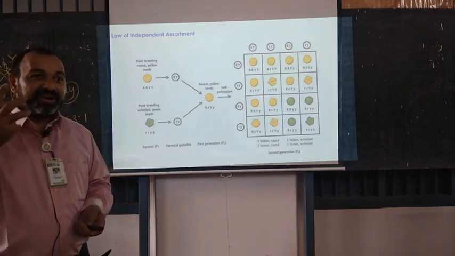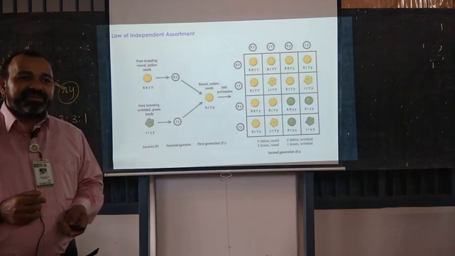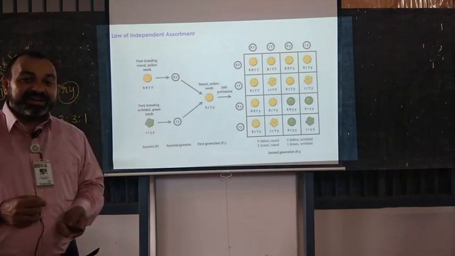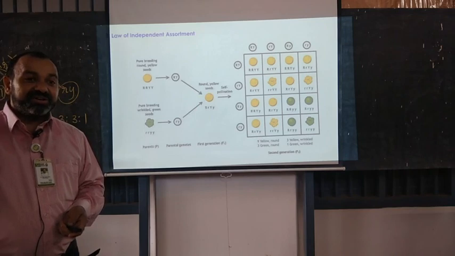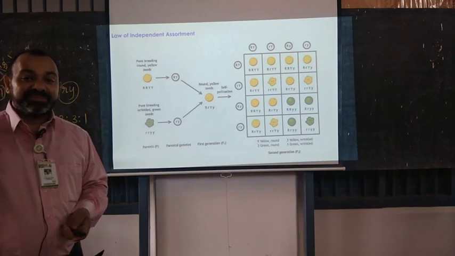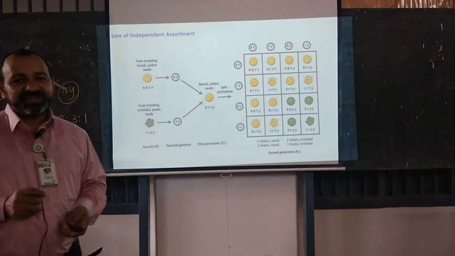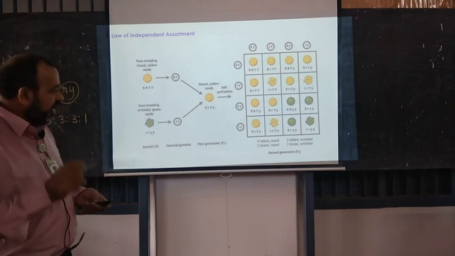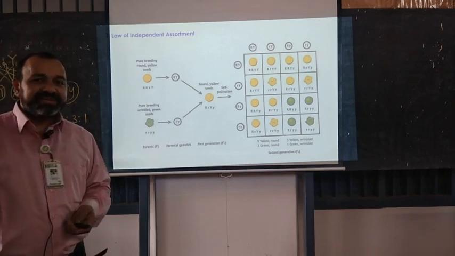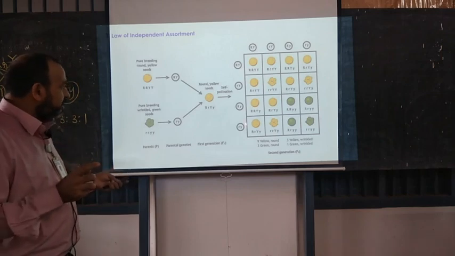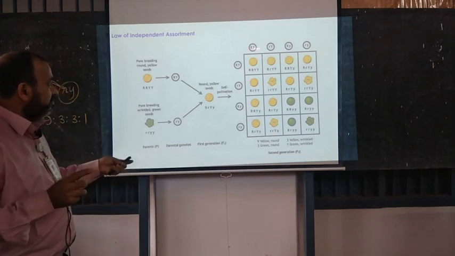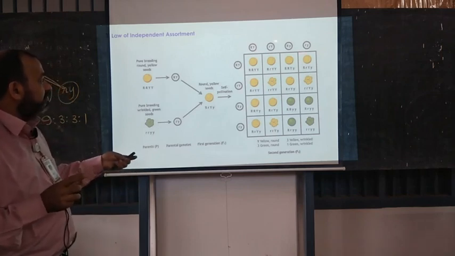This is the law proposed by Mendel after his long 8 years of research, observation and analysis. So he could very systematically and scientifically say how it happened, how it is occurring, what the proportions are, and how these allelic forms are moving about.